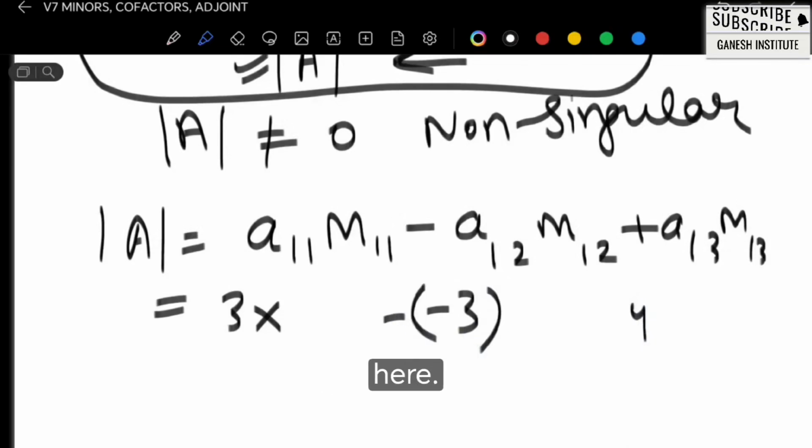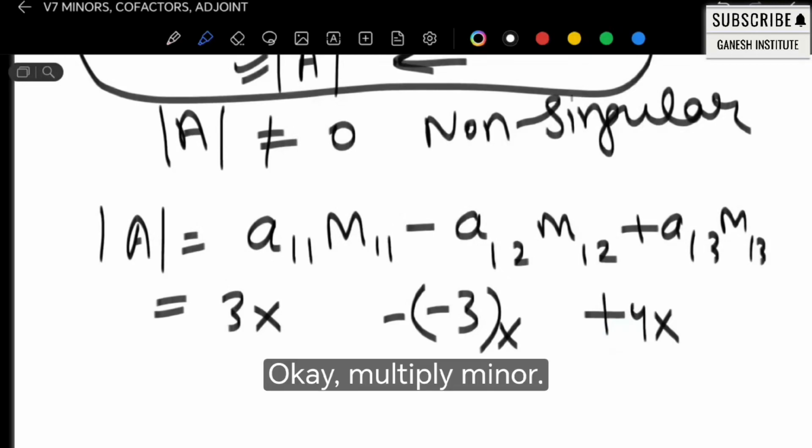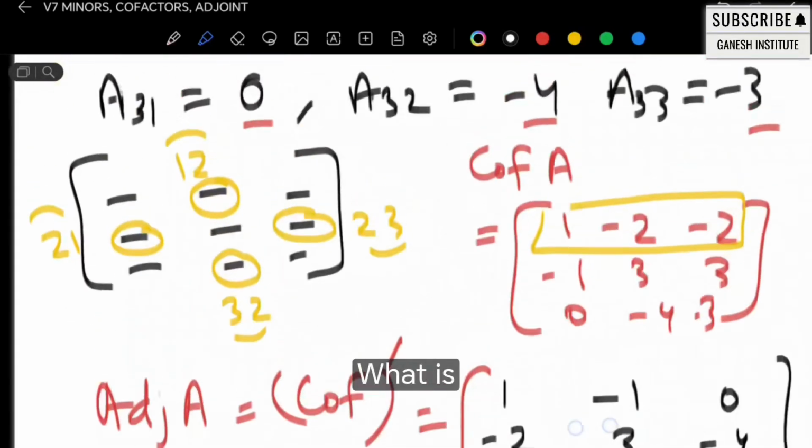Minus is here. Multiply the minors. What is M11?